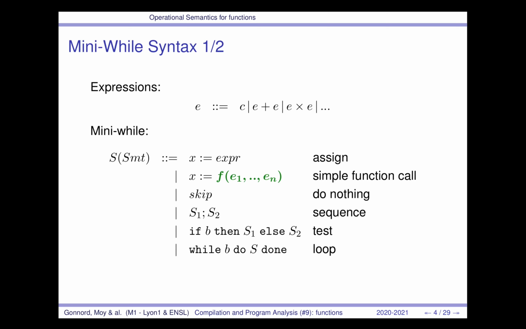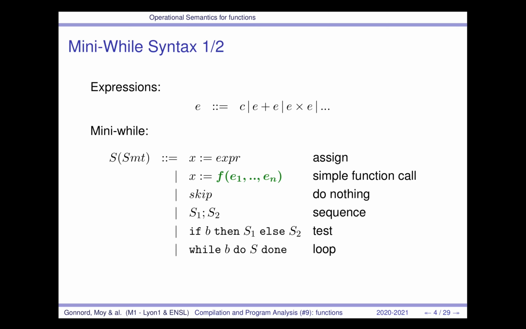The second statement, which is a new one, is a simple function call. One thing that is interesting to notice is that we don't have function calls as generic as you would have in C, for example, where you would be allowed to write f1 of 1 plus f1 of 2 as an expression itself, and have several called functions in the same statement.